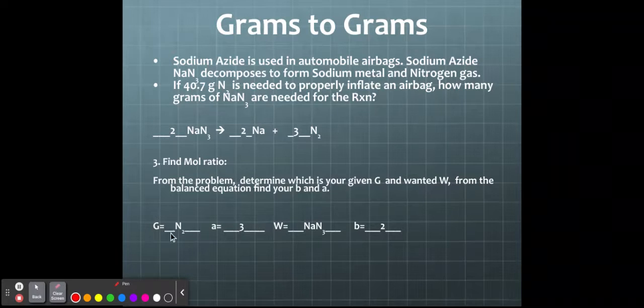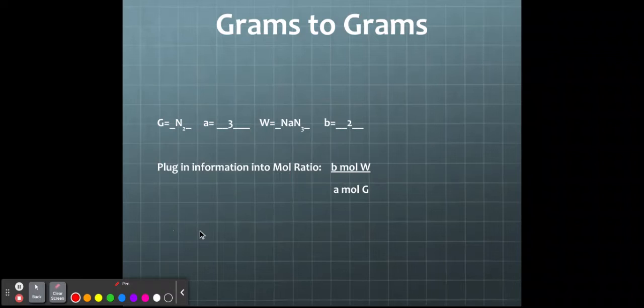Your N2 is your given, your 3 is your A, your NaN3 is your W, and your B is 2. Remember, 2 goes in front of the NaN3, and the 3 goes in front of the N2.